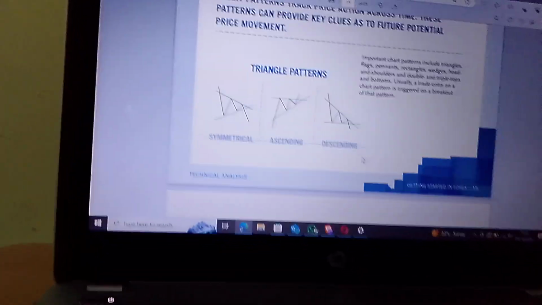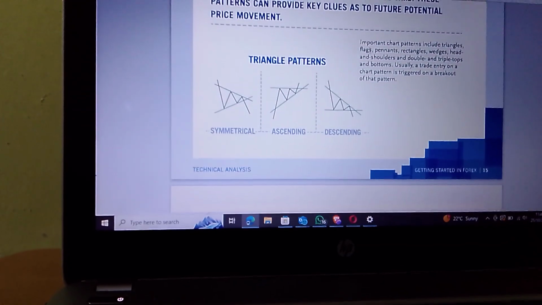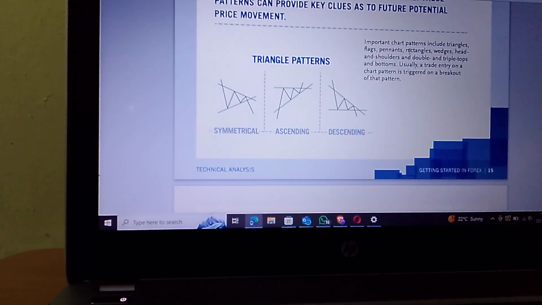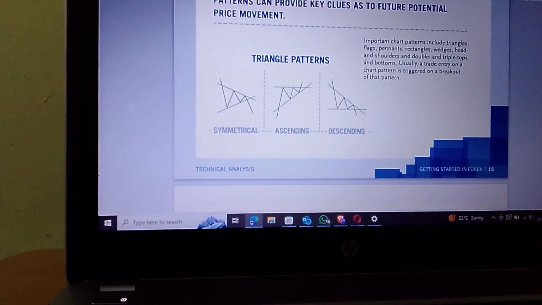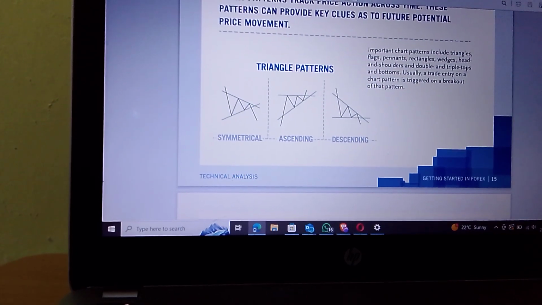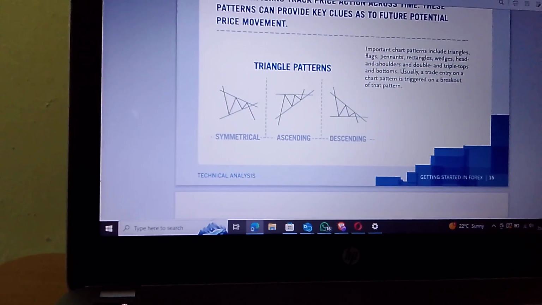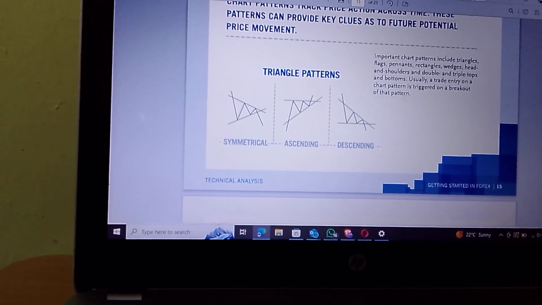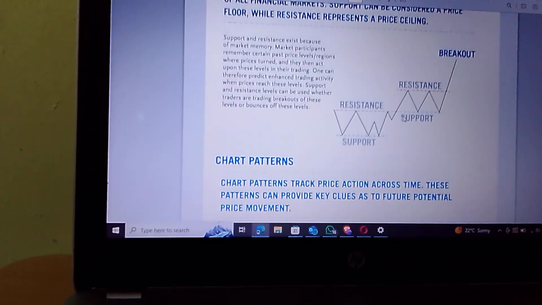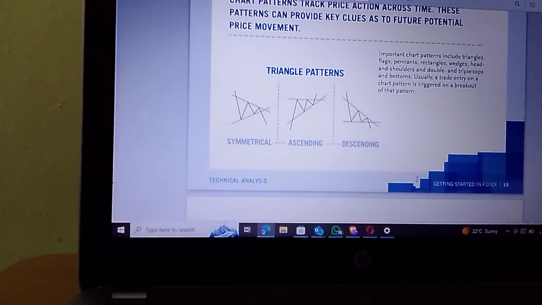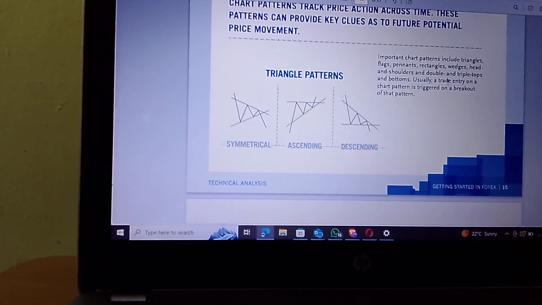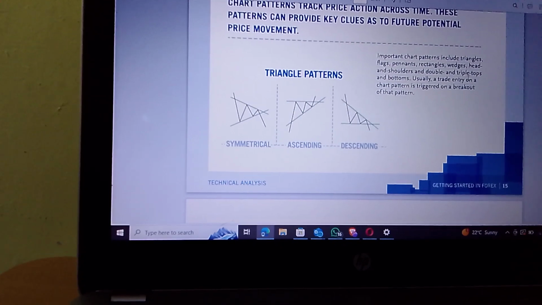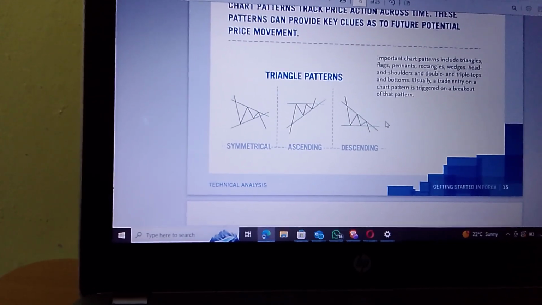Important chart patterns include triangles, flags, pennants, rectangles, wedges, head and shoulders, and double and triple tops and bottoms. Usually a trade entry on a chart pattern is triggered on a breakout of that pattern. So that's when a trade entry on a chart pattern is triggered.